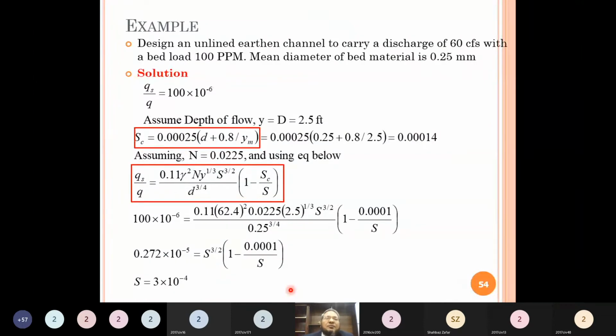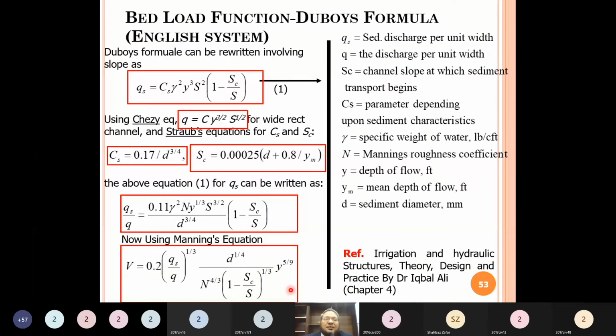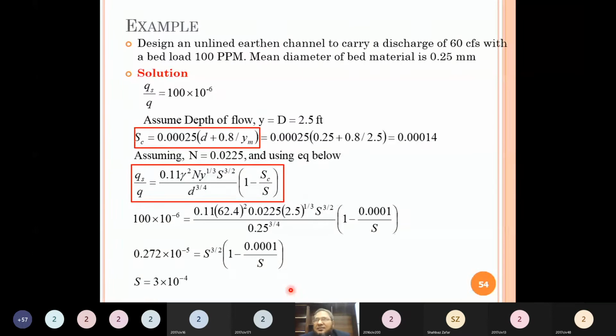Now we have one example to be solved by this rational method using Du Boys' equation. The problem is given in the book, and it says: design an unlined earthen channel to carry a discharge of 60 cusecs with a bed load of 100 ppm.